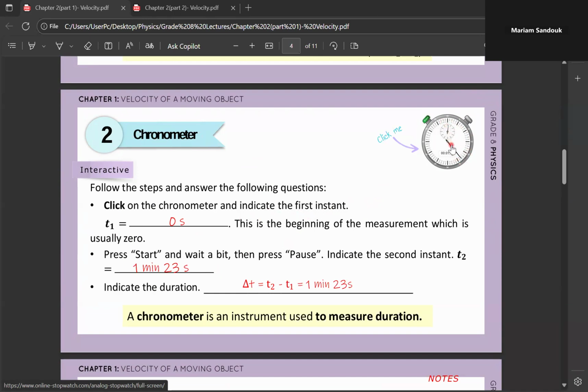Then I press the chronometer, and after some minutes, I stop it. The first instant was 0. The second instant, at which I paused the chronometer, is 1 minute 23 seconds. So the duration is T2 minus T1, which is 1 minute 23 seconds minus 0. We obtain 1 minute 23 seconds. So the chronometer is the instrument used to measure the duration.